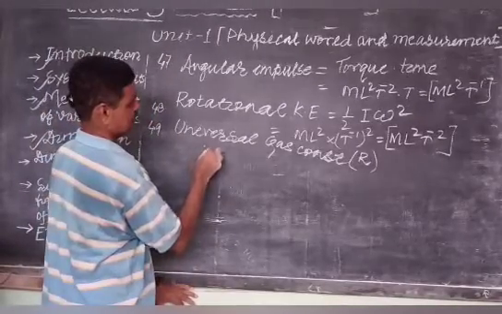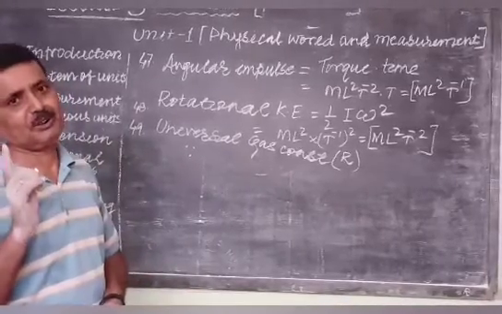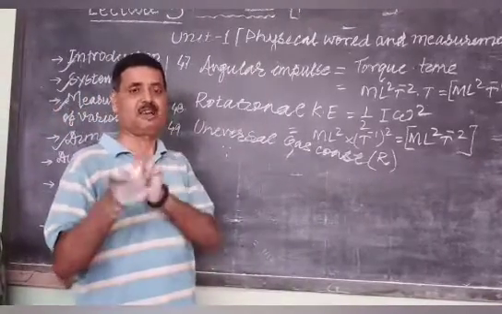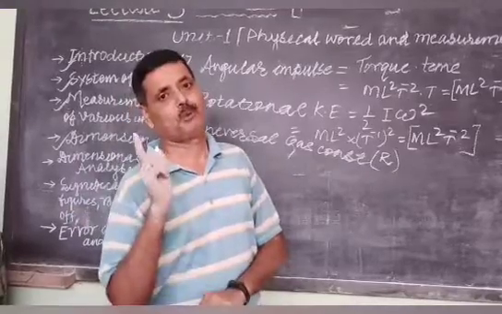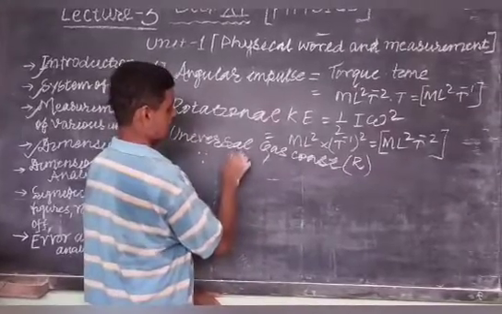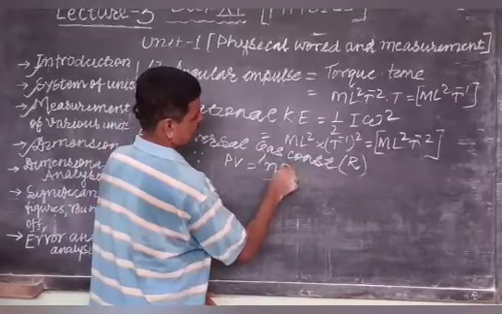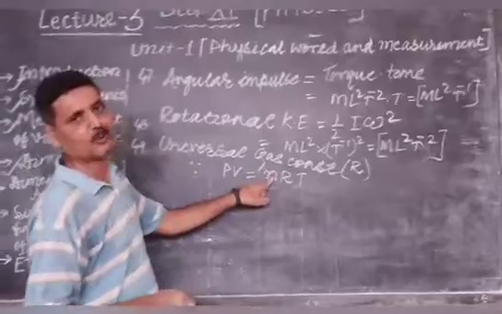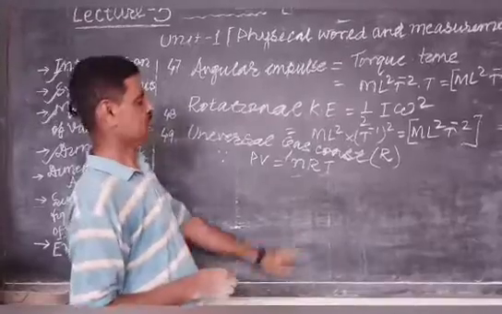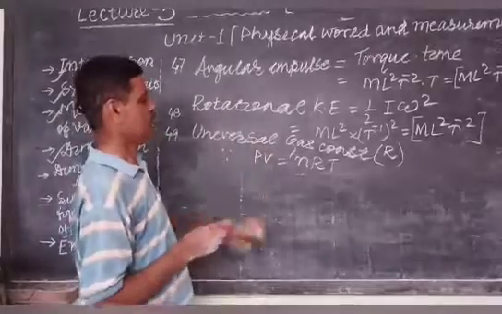There is a formula. Recall your memory from chemistry: PV equal to nRT. That was the formula, where n was the number of moles, R is the universal gas constant, and T is temperature, P is pressure, and V is volume.